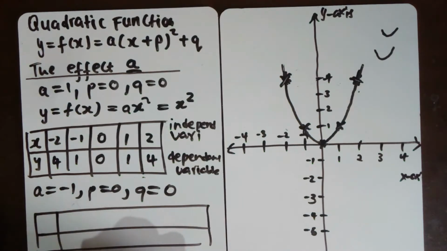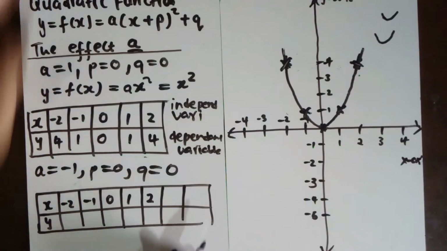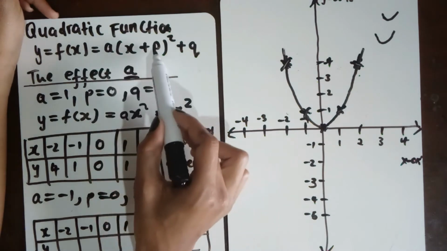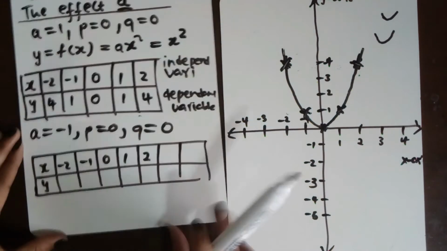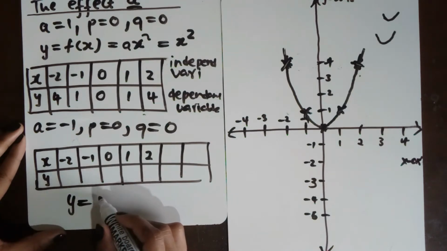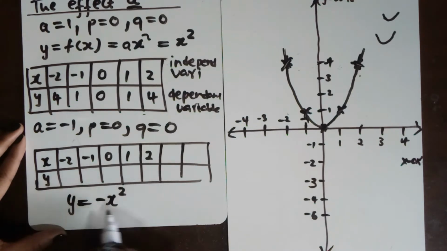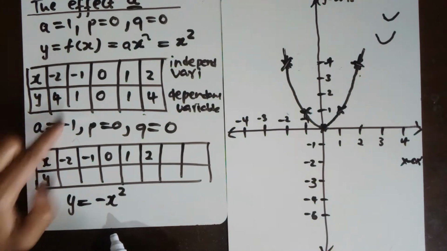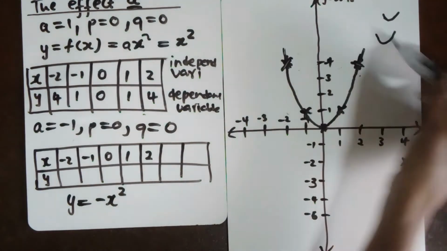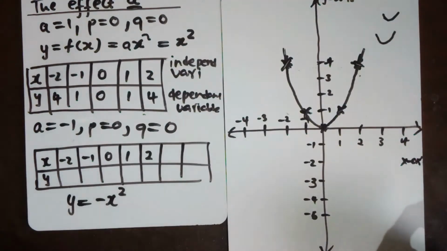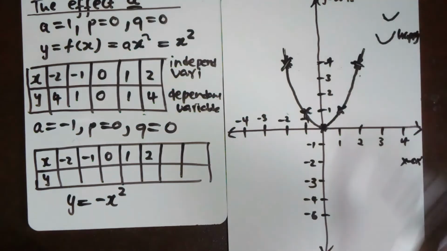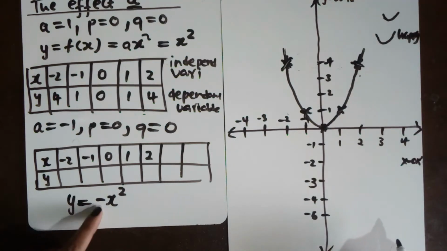If we go back to our general formula and a is equal to -1, p is 0 and q is 0, it means our function is actually just going to be y equals -x squared. So in this instance our a was +1, it was positive, our graph is going to be facing up. It's almost like you're smiling, you're happy, right? You'll see what happens when a is actually negative.